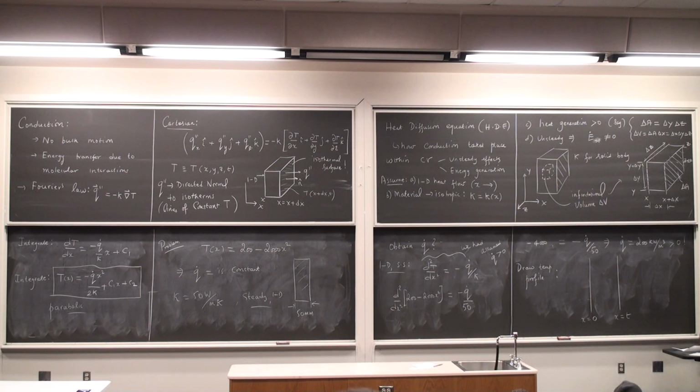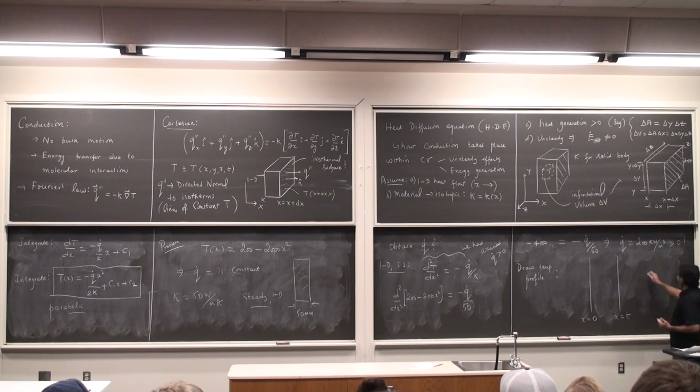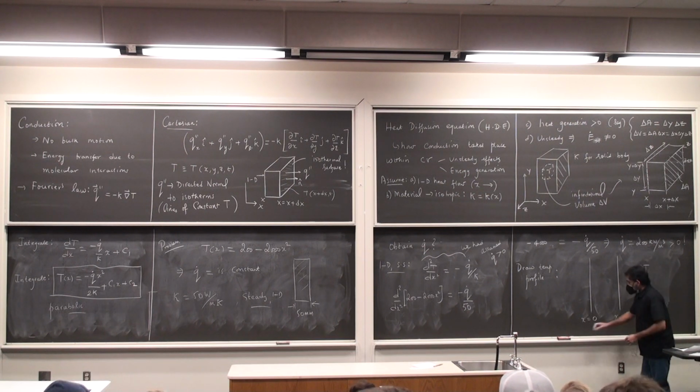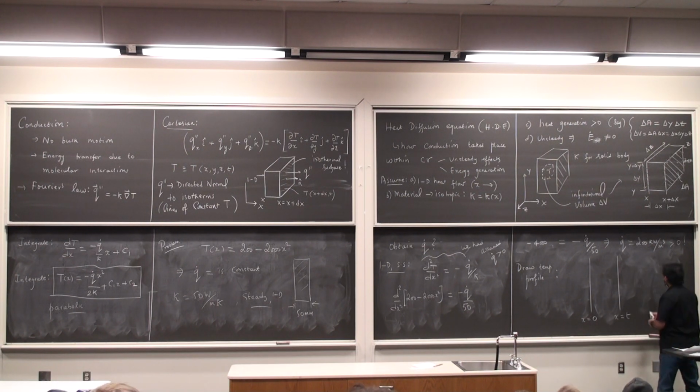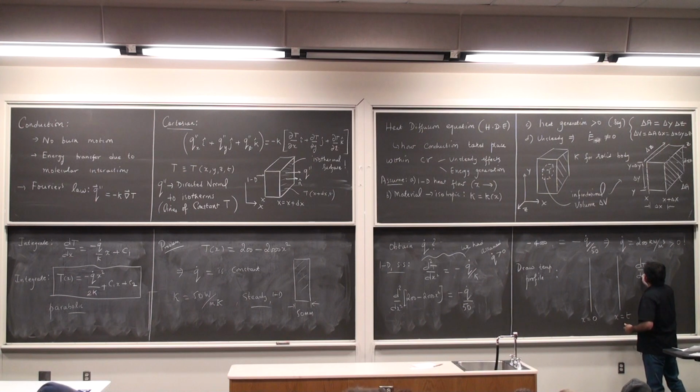The thickness is given to you as 50 millimeters or something like that. Don't really care about it. At x is equal to 0, I calculate the slope, dT by dx at x is equal to 0 tells me the slope.